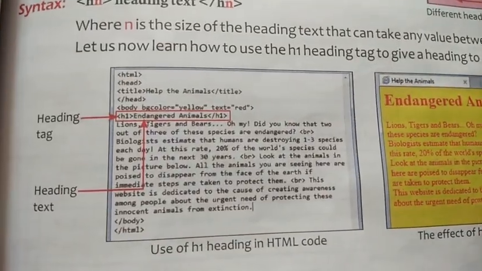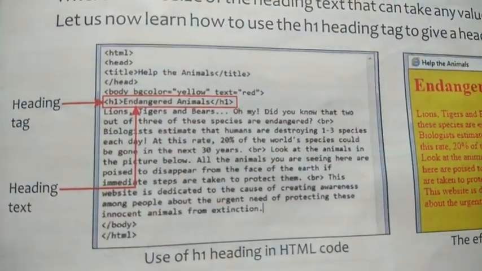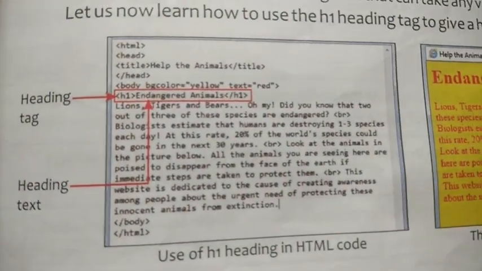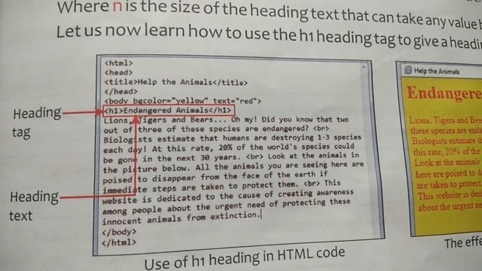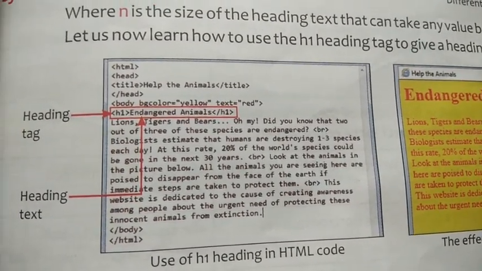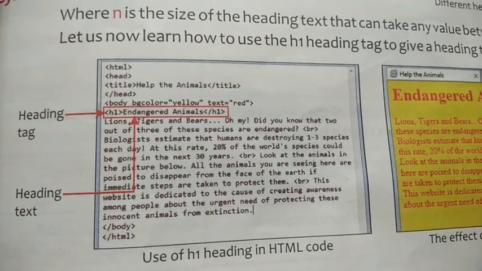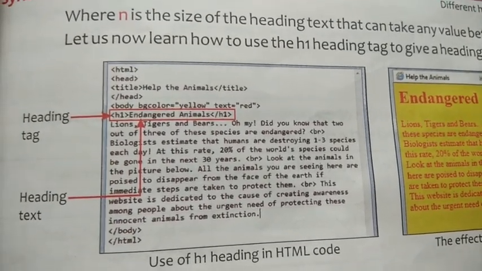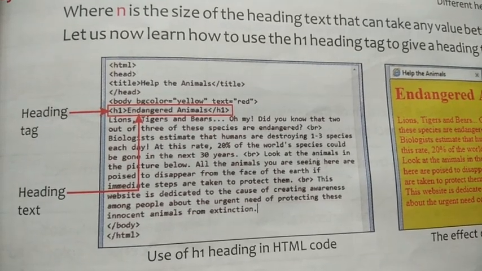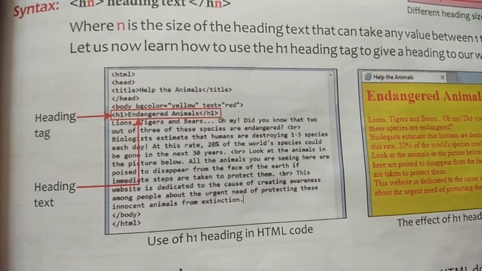So see properly the use of H1 heading in HTML code. Write the code properly in this notepad. First of all, write the same as it is: HTML, starting head, then give a title, then close head, body bgcolor yellow, text red, then H1 heading is the top larger heading you mentioned in this code, then heading tag, then heading text.